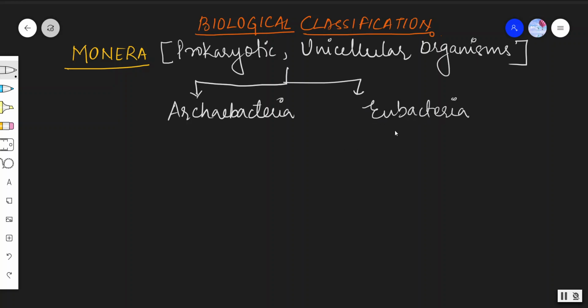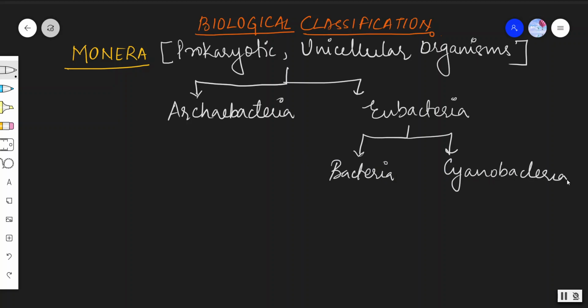And in Eubacteria we are going to again classify them into two, that is bacteria and cyanobacteria, or you can call it blue green algae, BGA. Okay, this is the broad concept or broad map of what we are going to discuss in kingdom Monera.